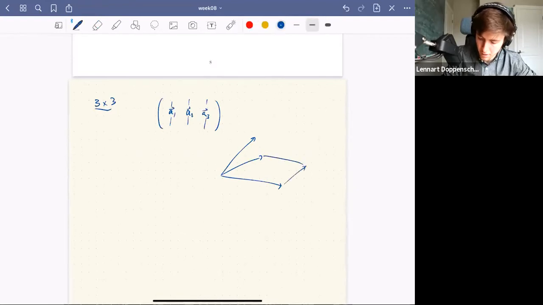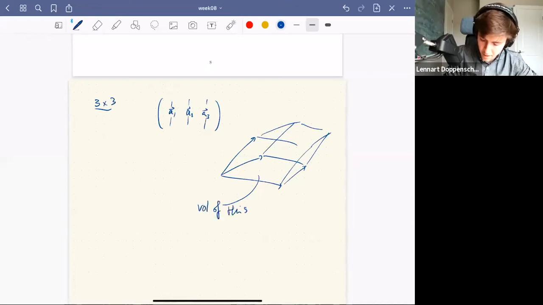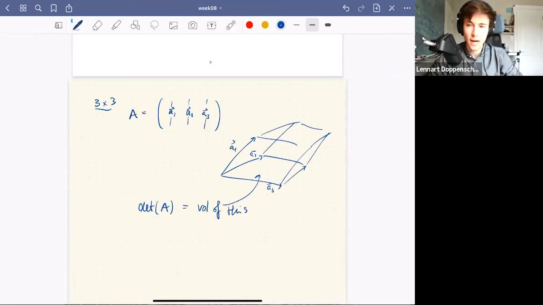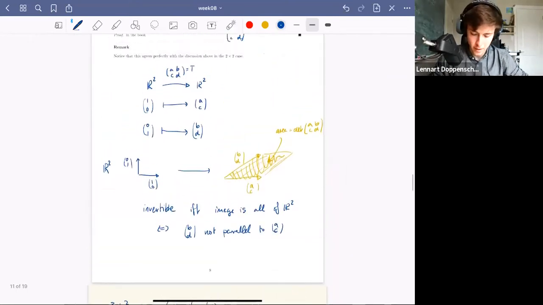I hope I pronounce this correctly. You never know. The volume of this thing for the vectors A1, A2, A3 is equal to the determinant of A. So this has higher dimensional versions.